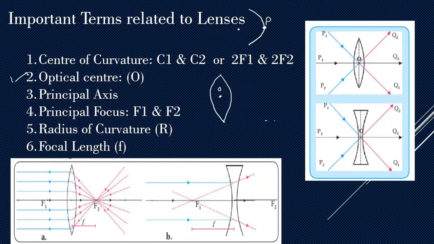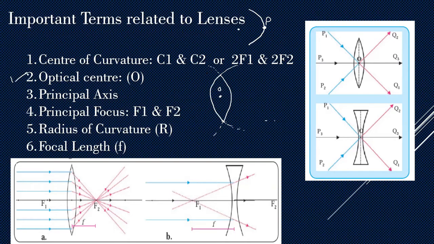Now we know these are made of spherical surfaces. In the next slide, I'll show you how convex and concave lenses are made. Right now, just keep in mind that both surfaces are made up of spherical surfaces. Both being part of spheres, there will be two centers of curvature.